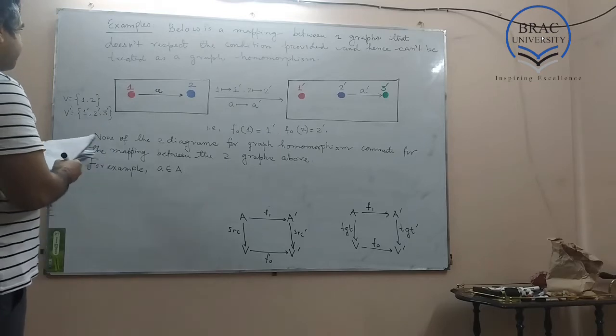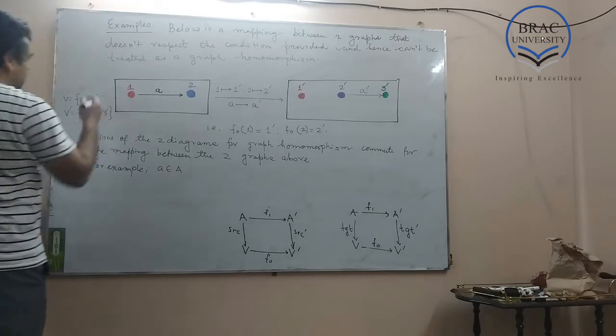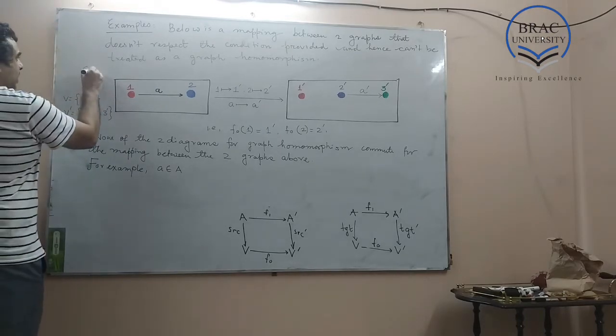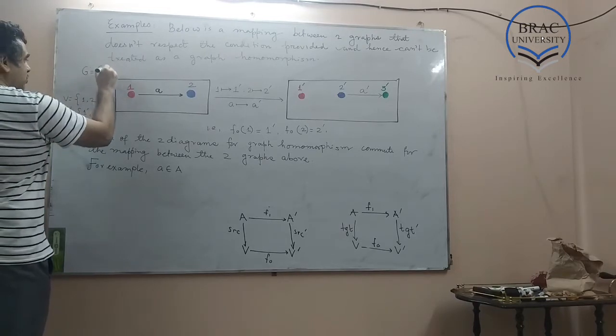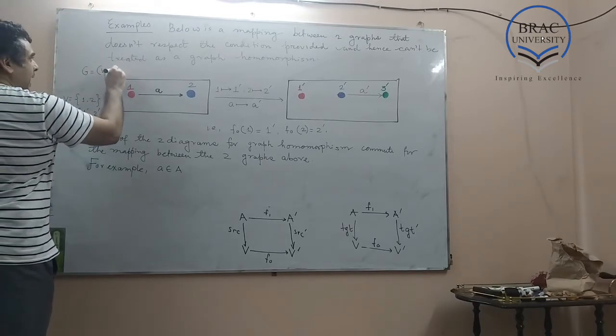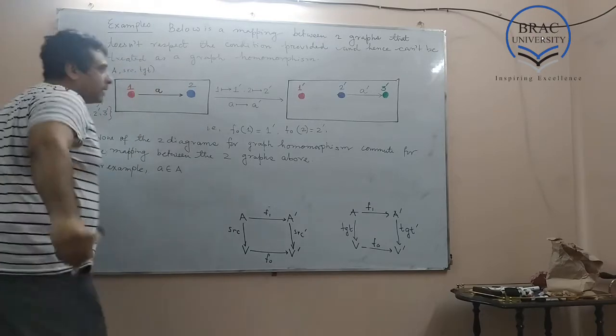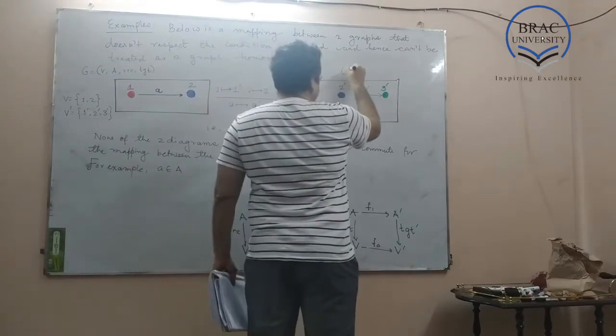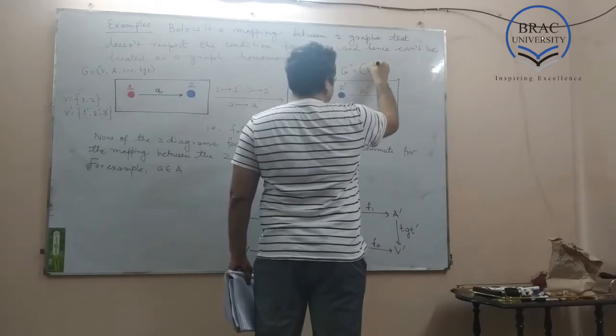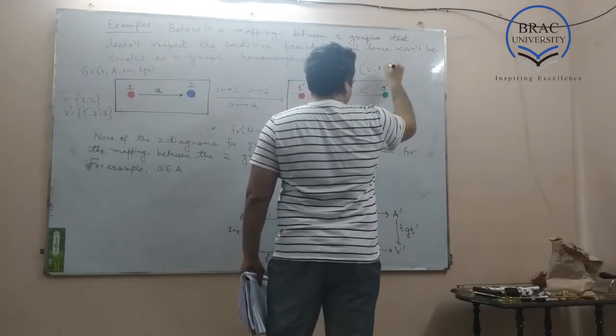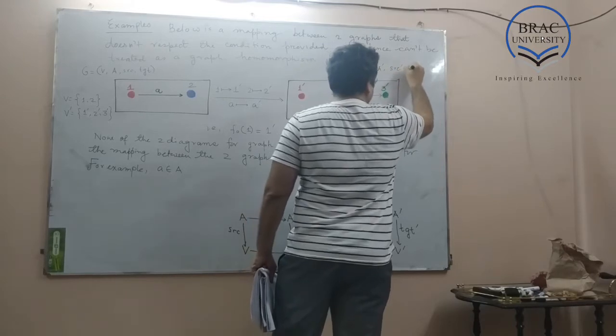So, let me write it as this: G equal to V, A, SRC, TGT, and G prime is equal to V prime, A prime, SRC prime, TGT prime.